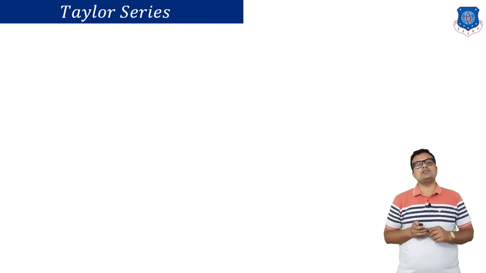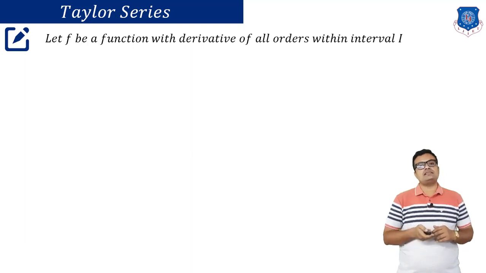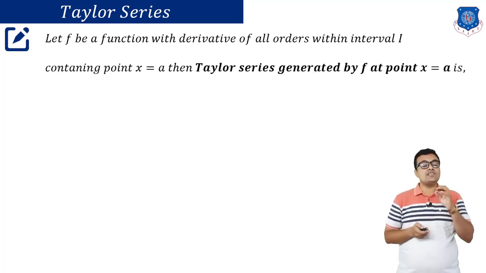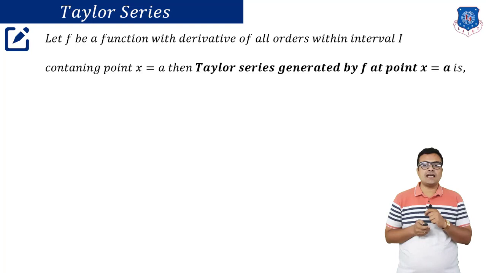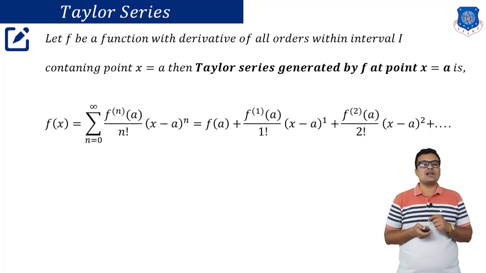Focusing first of all on this topic, Taylor series, let us check what its actual formation is. So let f be a function with all derivatives in interval I, which contains our point x equal to a. Then the Taylor series generated by this function f about the point x equal to a is defined by this infinite series.